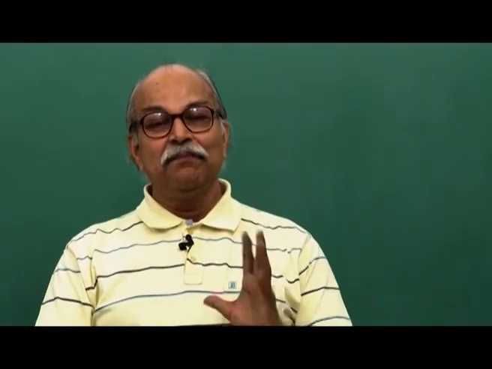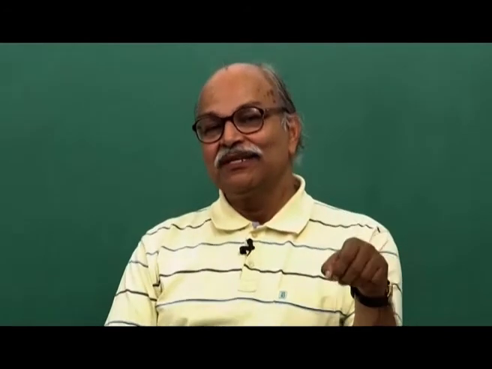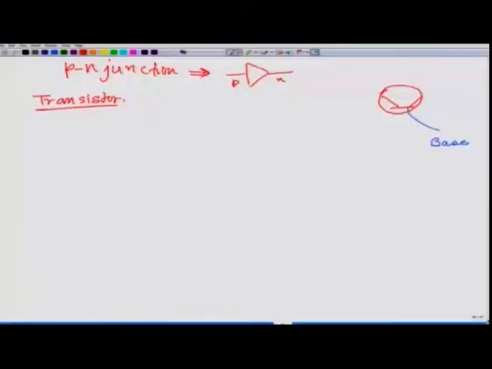So, on the symbol, how do I distinguish which is heavily doped and which is moderately doped? We distinguish this by putting an arrow. Arrow will be put on the emitter and the collector will be just that slant line. So, on the emitter you have to put an arrow.